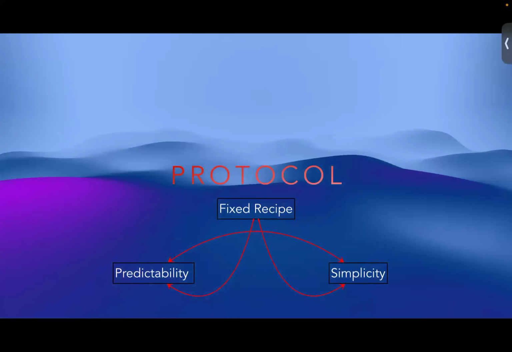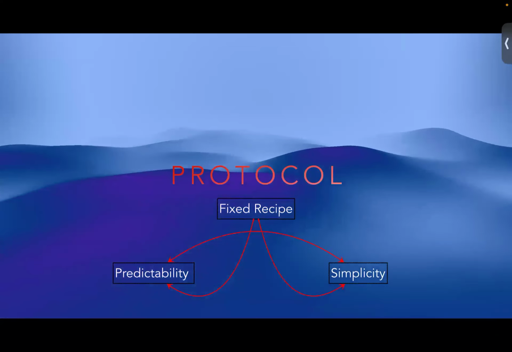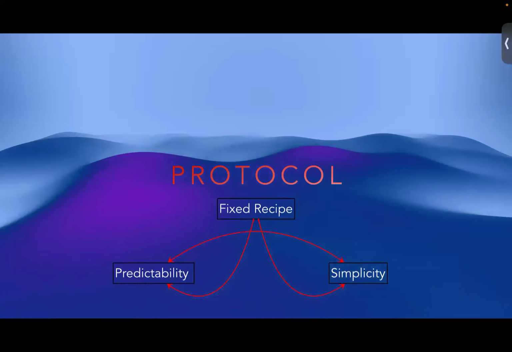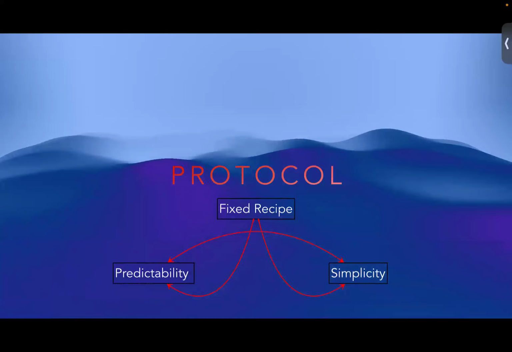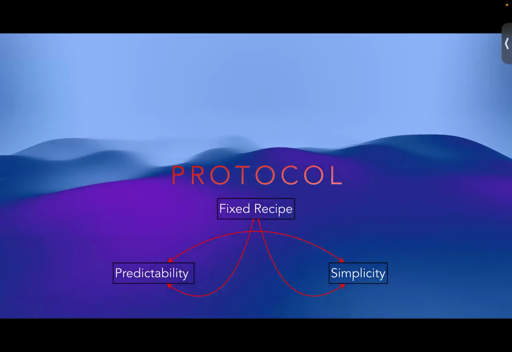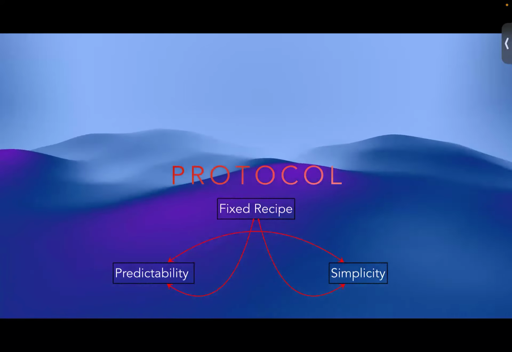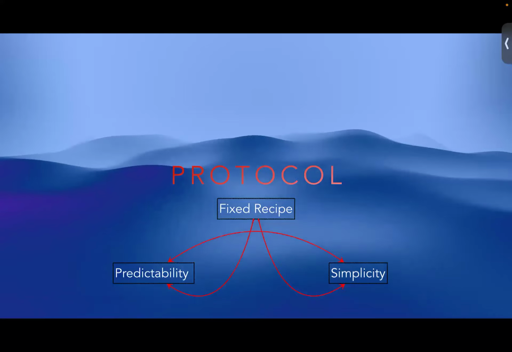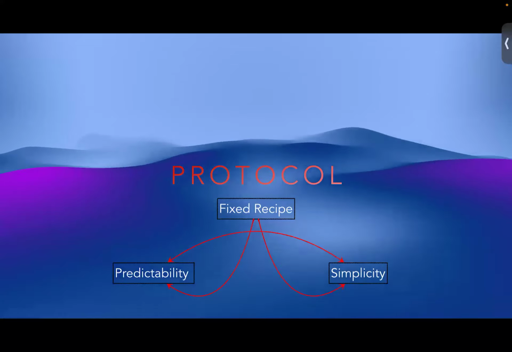What will one fixed recipe give you? It is going to be simple for you to remember as well as practice over time. Second, it is going to be predictable. As you do more and more composite cases, it gets more predictable with your experience. And once it's predictable, it is simple.